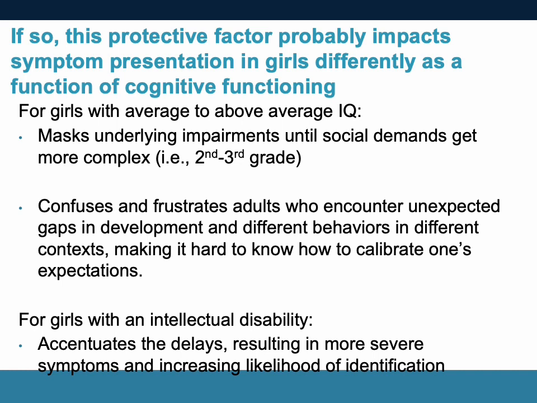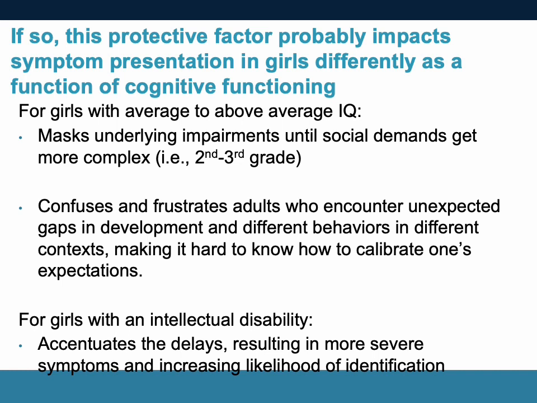It's a very inconsistent kind of presentation when you have a slight advantage at some of these early social behaviors. For girls with an intellectual disability, it is thought that that protective factor is wiped out by whatever processes are driving the differences in their brain development, such that girls with an intellectual disability are likely to present with even more severe delays.